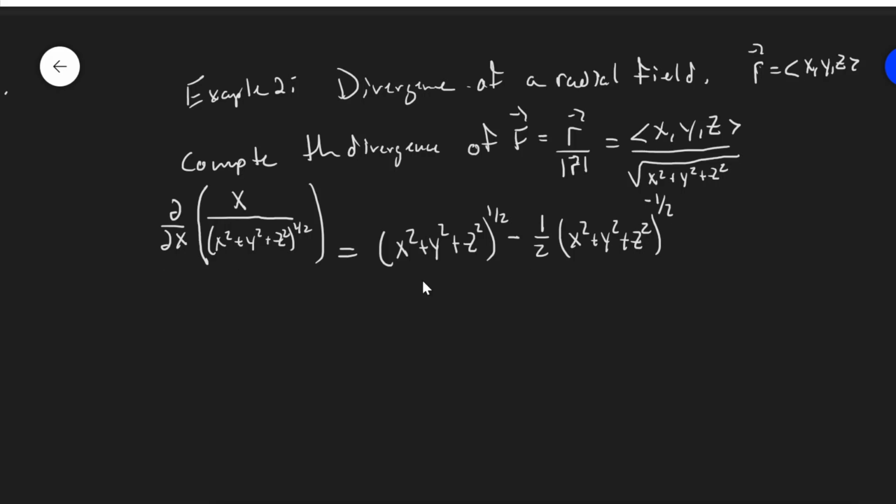Don't forget we need a chain rule there, times the derivative of the inside, so times 2x. That's a 2, not a partial. Then times the top, times another x, all over the bottom squared. So that's x squared plus y squared plus z squared.